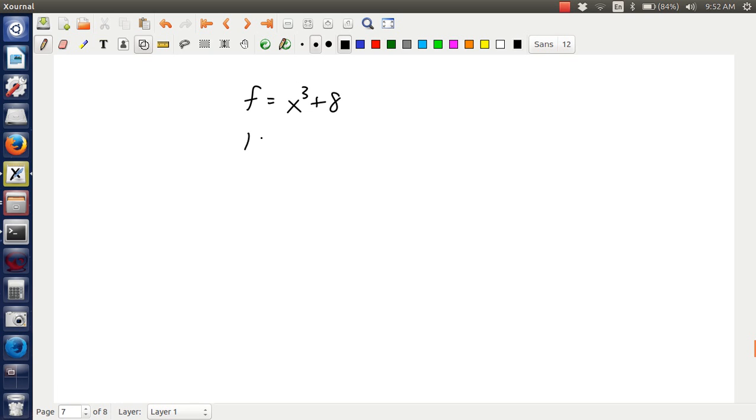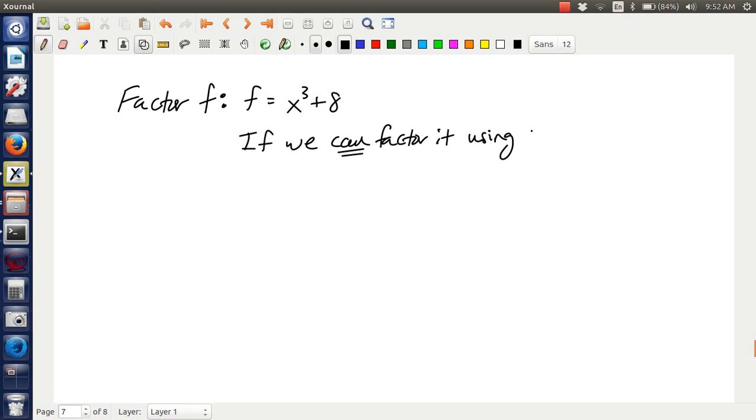So let's say we want to factor f. If we can factor it using rational numbers, it's possible we could factor it using some other thing.